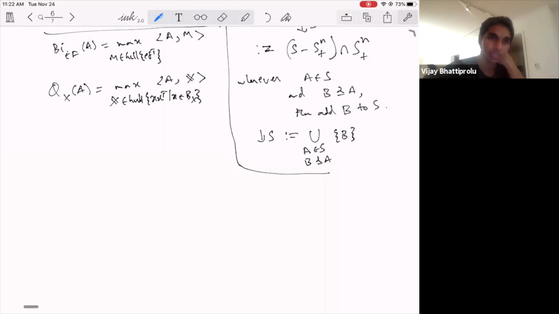Now, as Avi was saying, this hull is actually not origin symmetric, so we don't have these nice duality properties satisfied in the bilinear maximization case.